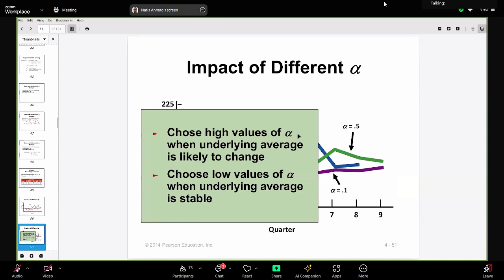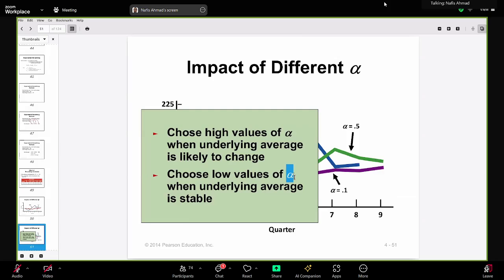Choose a high value of alpha when the underlying average is likely to change. Choose low values of alpha when the underlying average is stable. So if the situation is stable, you should prefer a lower value of alpha.